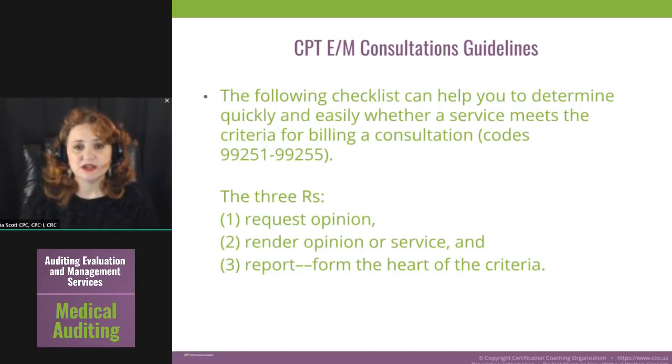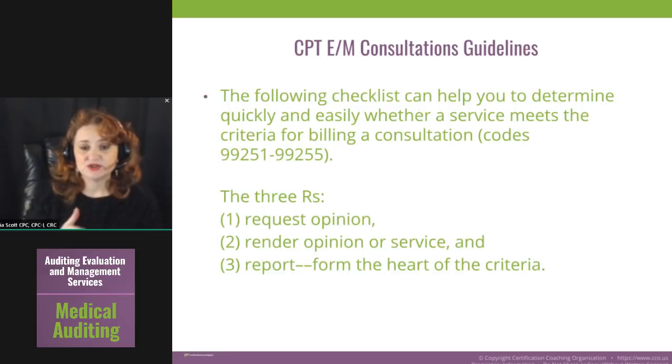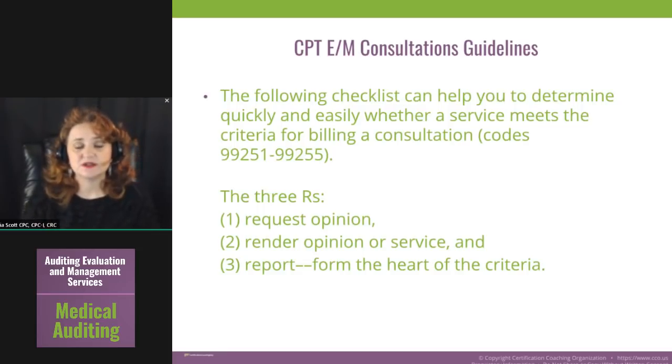And then we're going to get a rendered opinion or service. This is what the endocrinologist suggests, that we do these additional tests, and then there's going to be a report. And that's really going to give us an idea of where we need to go forward.